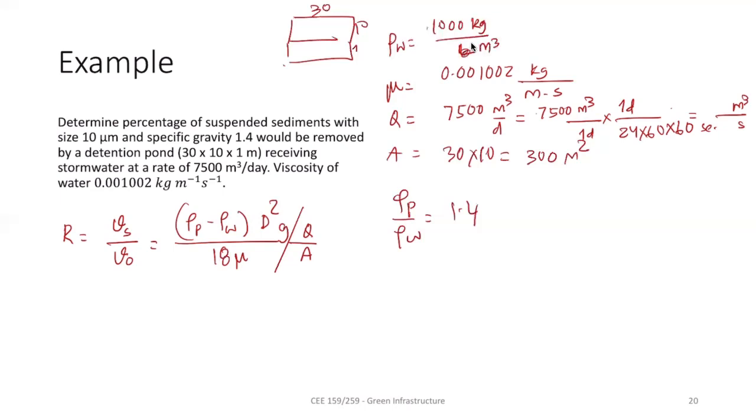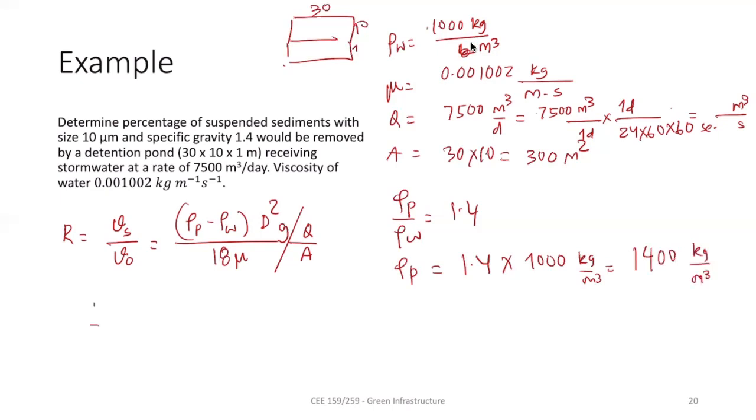So that's 1 kg per liter. All right, you know all these numbers, so you can calculate: this will be 1.4 times 1,000 kg per meter cube, so that will be 1,400 kg per meter cube.